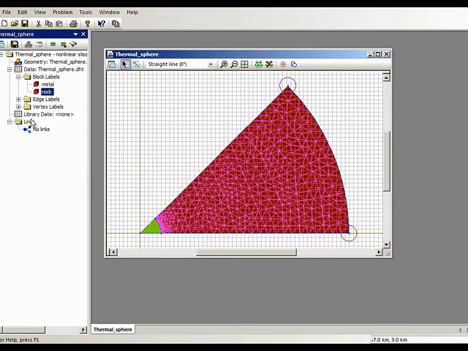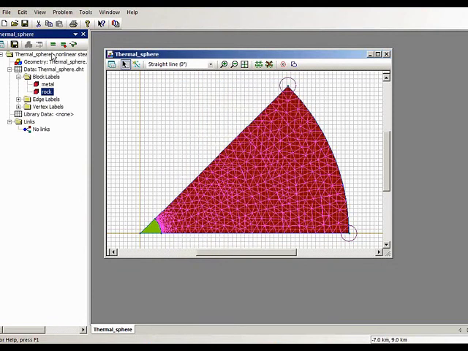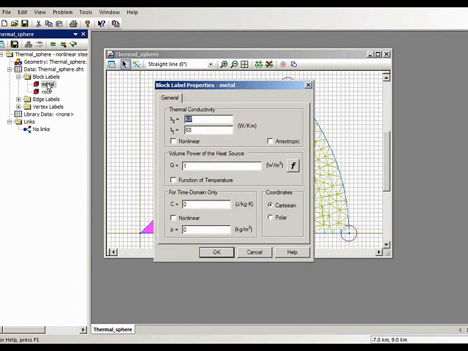However, there will be some heat generation due to the radioactive decay of aluminum and other radioactive elements. So I've given this a thermal conductivity of 7 for the rock region, and the metal has a higher thermal conductivity of roughly 68 watts per meter Kelvin.